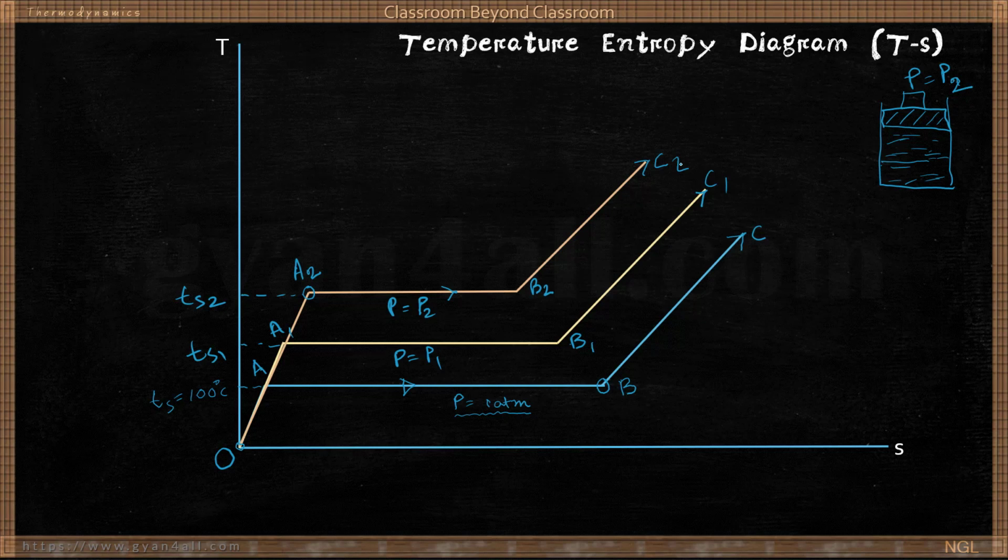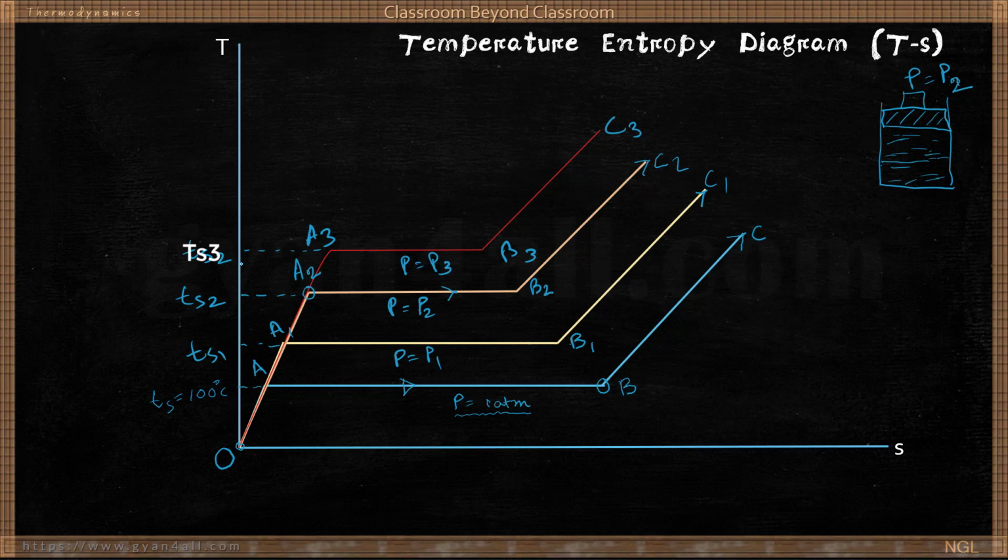Now we consider another pressure higher than P2. So say A3, B3, and this will be C3, and pressure P equal to P3, higher than this. In this case, the saturation temperature is higher.